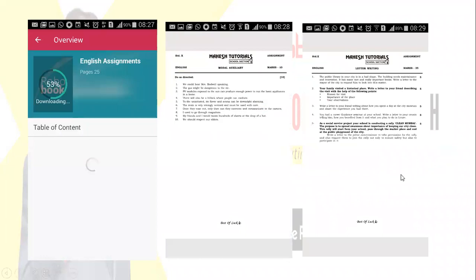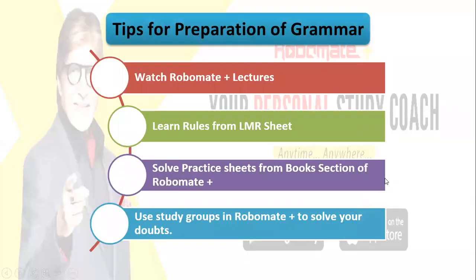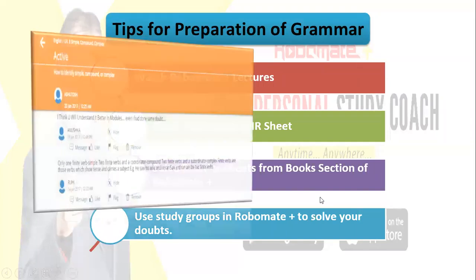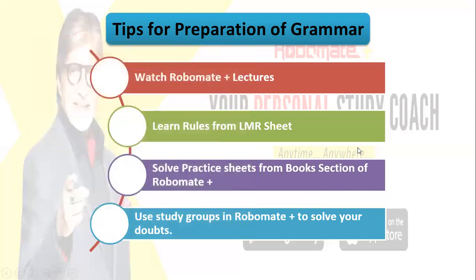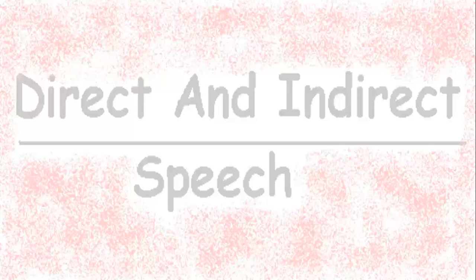Keep practicing them so that you can come up with new doubts, and the same process repeats. You can discuss all the doubts with your friends on the Robomate forum, where you can post a doubt and your friends can reply. And if you still have any doubt in your mind, you can simply note it down and come to the doubt solving lecture.